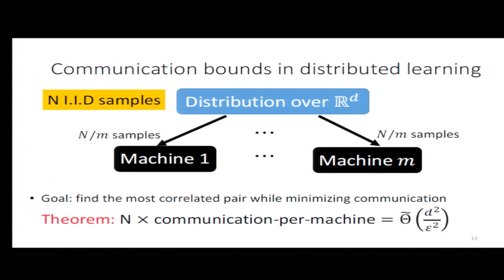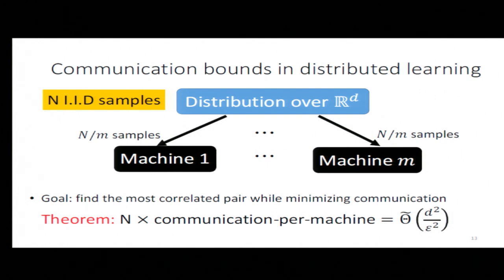So up to now, we've been talking about the streaming setting, where samples arrive one after the other. And now we'll move to talking about the distributed setting, where the samples are distributed between multiple machines. So each machine gets samples of multiple people, and now they have to communicate and find the largest correlation between features. And communication is costly, so we would like to minimize the communication.